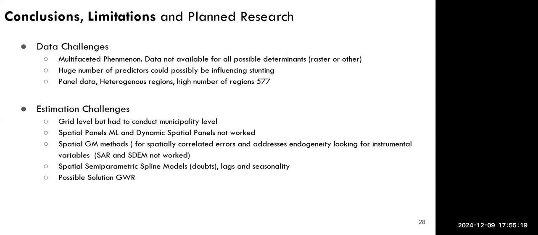A possible solution is GWR, but I already have something convincing from spatial GM methods. But remember that these methods consider the impact of covariates as uniform across all locations, which is not true. I already showed that there exists a huge heterogeneity, not only when it comes to child malnutrition, but also when it comes to precipitation or other climate measures or socioeconomic measures.